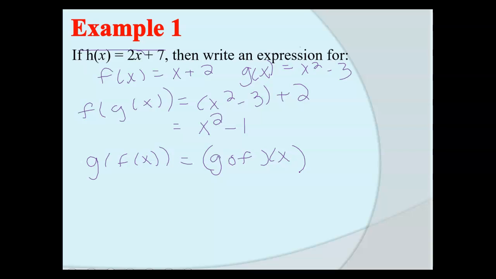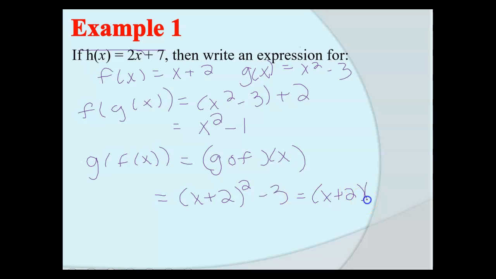Would it be x plus 2 minus 3? Like x minus 2 in parentheses? Yes. So it's x plus 2 in the parentheses. And then you square that and subtract 3. Now when you do this math, that is a binomial squared again, which means we have to FOIL.